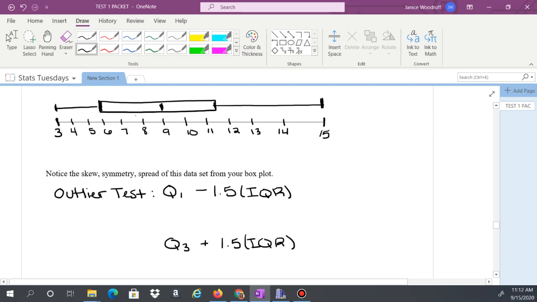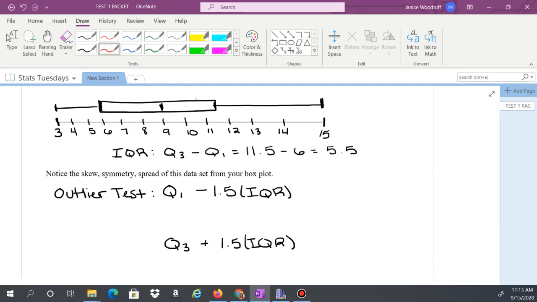Okay, so the IQR for this data set we can do on this one is, let's see. Remember, that's Q3 minus Q1. So that would be 11.5 minus 6, so 5.5. So if we wanted to test for true outliers in this data, you would have quartile 1 is 6 minus 1.5 times 5.5.